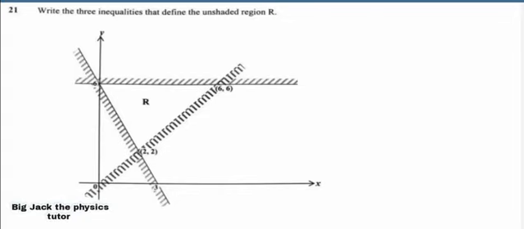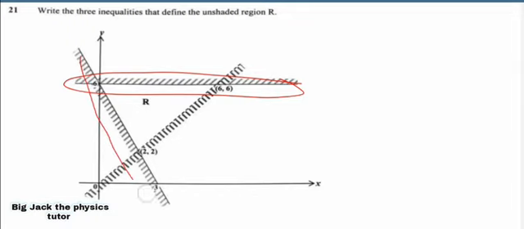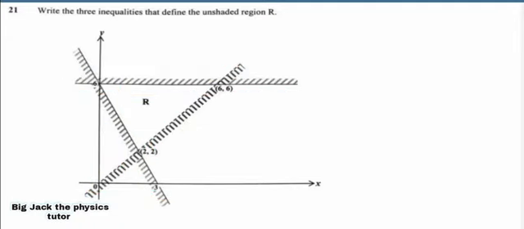Now, on this XY plane, we have two types of lines. We have this line here, which is called a solid line. Even this one here is also called a solid line. Then we also have this line here, which is called a dotted line. After knowing the lines, you need to know the symbols to use when you have been given a dotted line or a solid line.